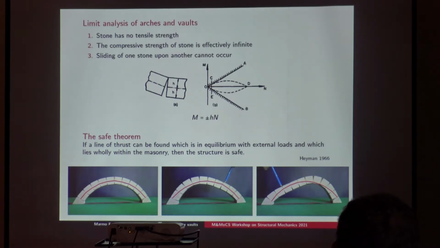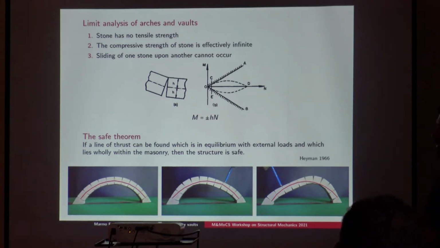So under this hypothesis, the only possible mechanism between two stones is that of a relative rotation about either the extrados or the intrados of the structure. And so we have the possibility of a mechanism under constant load, meaning that the behavior of this kind of structure is actually a ductile behavior.